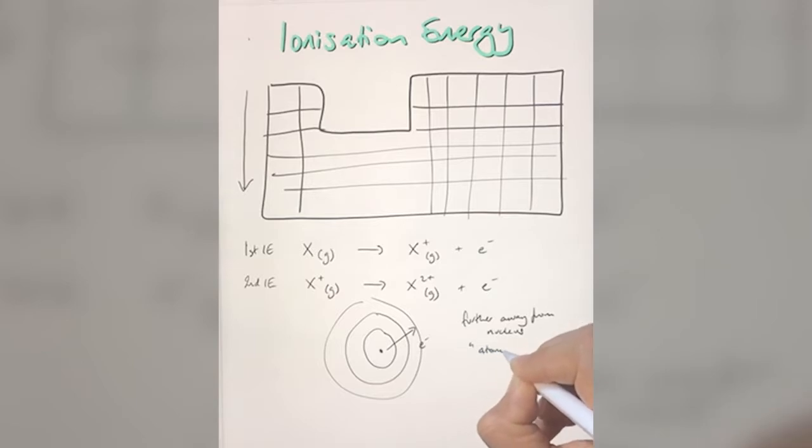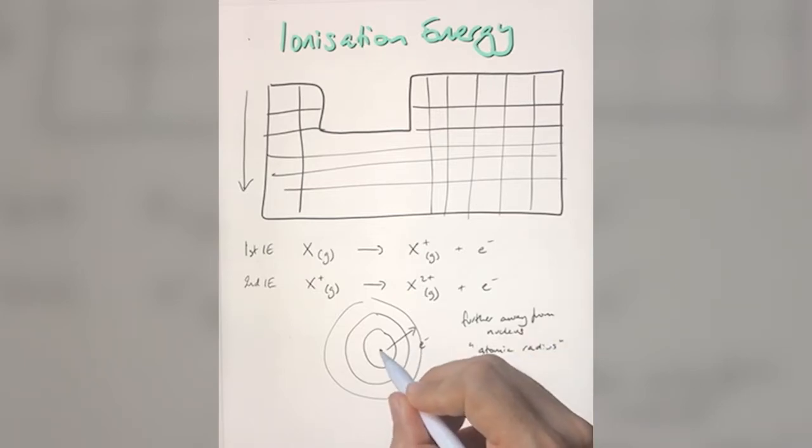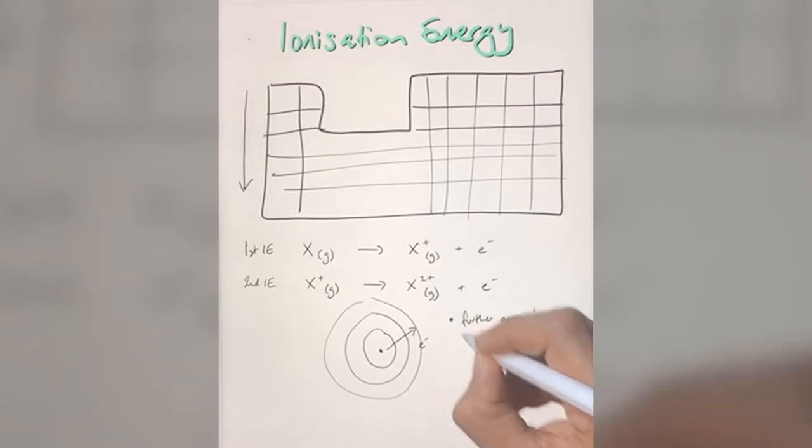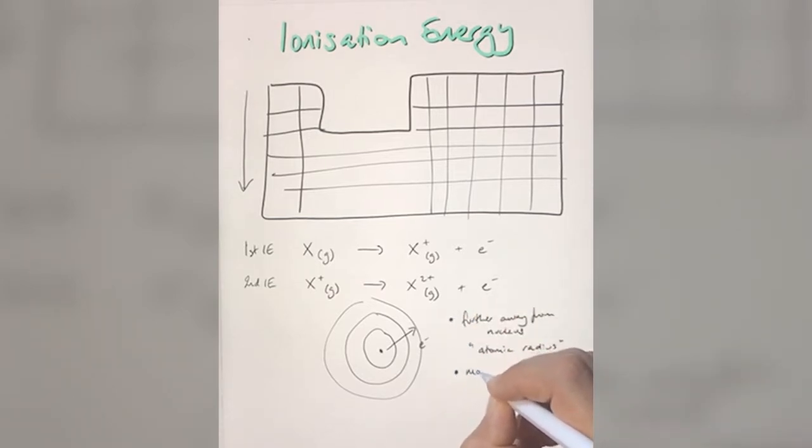So it has a larger atomic radius because the outer electron is further away. So this distance from the nucleus to the outer electron is higher. There are also more shells, and more shells will mean more shielding.